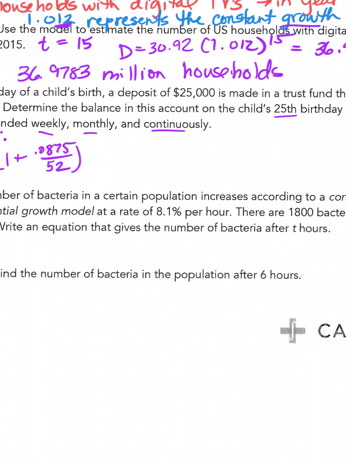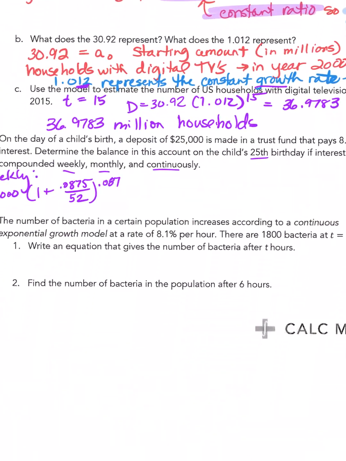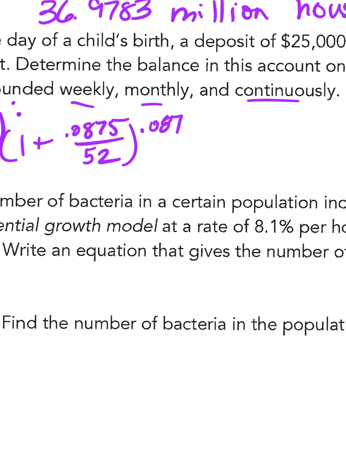Raised to the NT, excuse me. N would be 52, so this becomes 52 times what? 25 years.